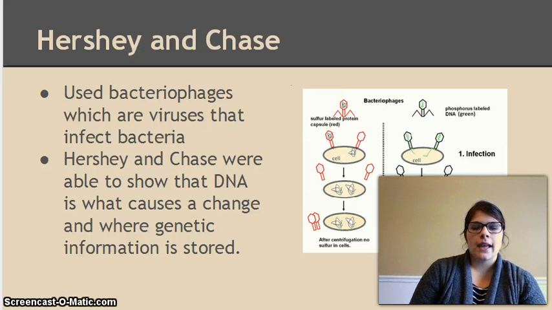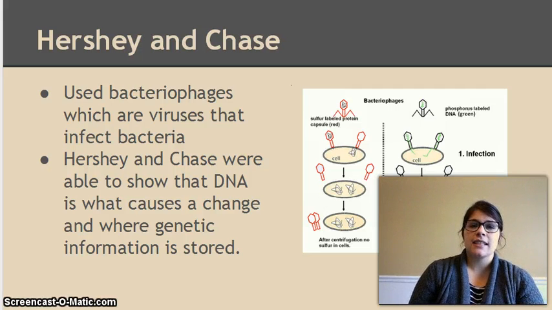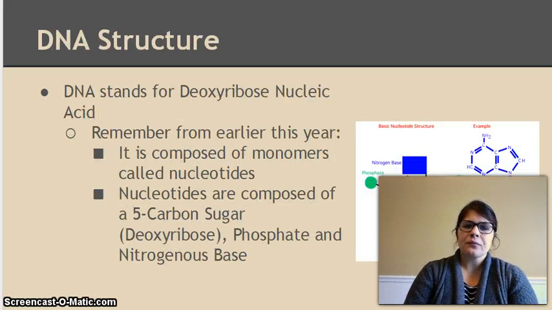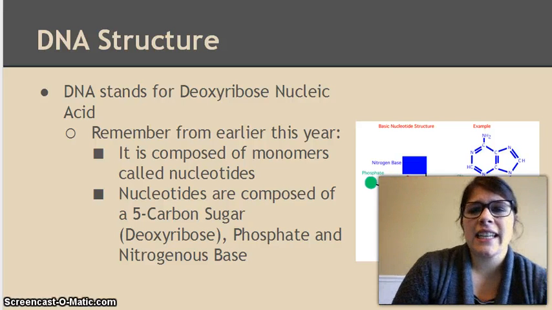When that DNA was injected, we could see that it was starting to make more viruses. This was due to the coding of the DNA. So we knew that DNA is what causes a change and where we store genetic information. We were able to go up the chain from this instead of just thinking that it was the virus and the bacteria. So let's go on to a little bit of DNA structure.